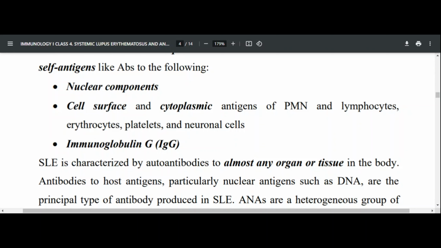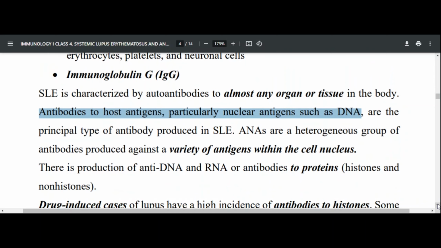Then you find antibodies to host antigens, especially antibodies against DNA, what we call anti-DNA or anti-double-stranded DNA antibodies. Anti-nuclear antibodies are a very heterogeneous group of antibodies.